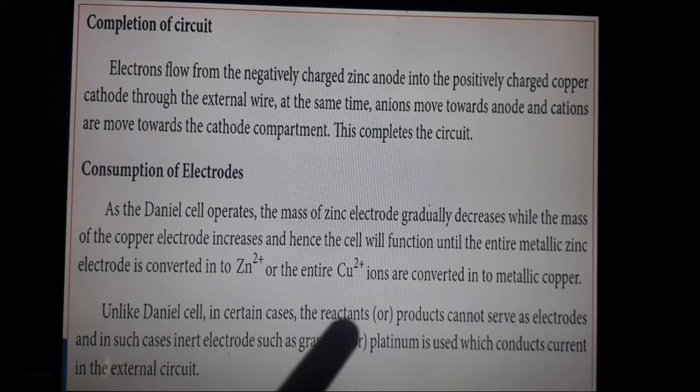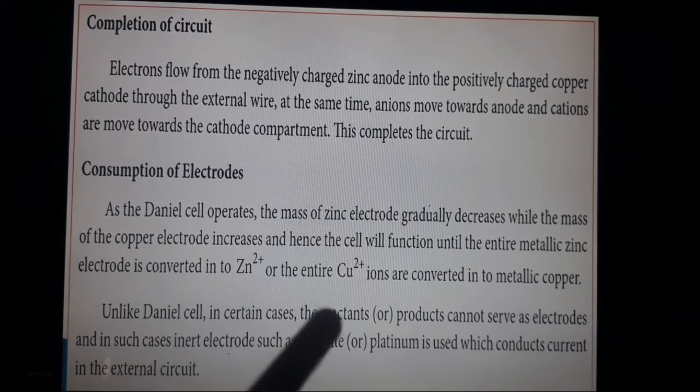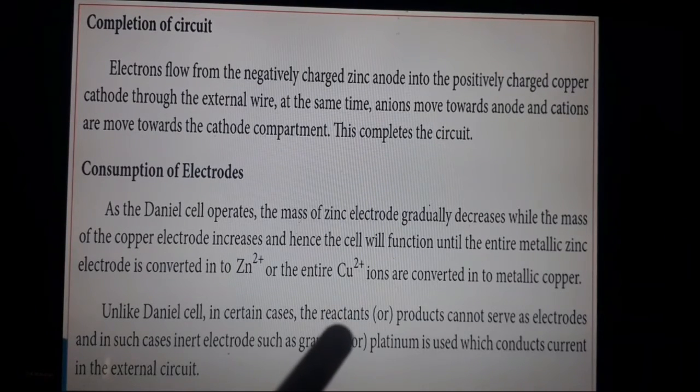This means in some cells the ions cannot serve as electrodes, so we use external electrodes like graphite or platinum to conduct the current in the circuit.